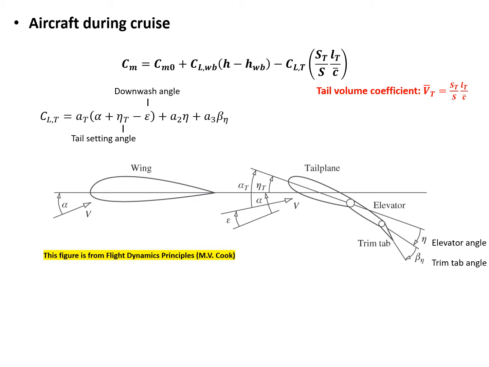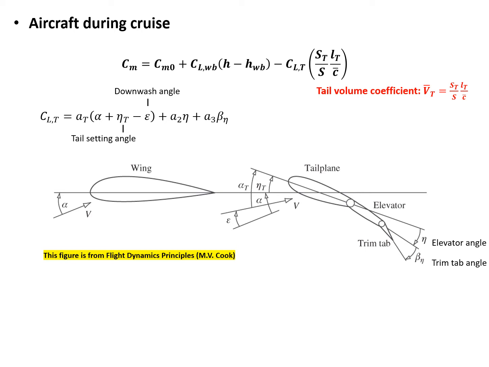And we have the tail plane behind the wing. The tail plane is also comprised of three parts: the main tail plane, elevator, and the trim tab. So we first go to the first part on the right hand side. AT is the lift coefficient slope for the tail plane, times the angle of attack, alpha plus eta t minus epsilon.